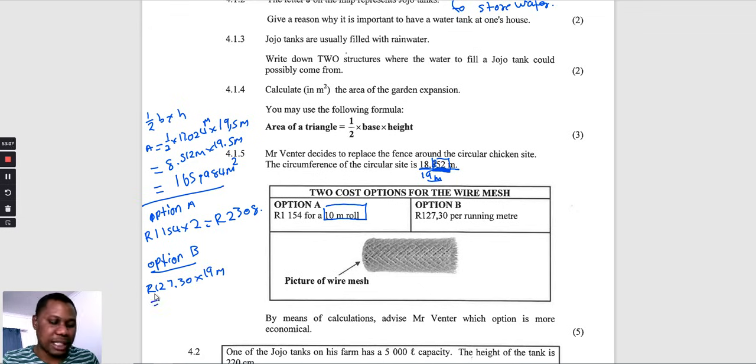So for 19 meters, option B is going to be 2,418.7, meaning that the better option that is cheaper is going to be option A. Option A is more economical.